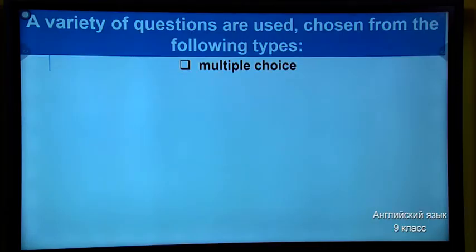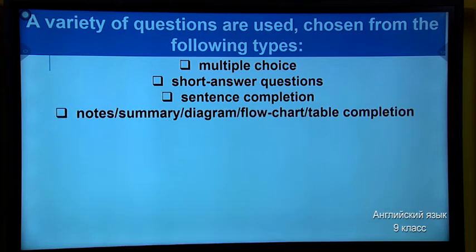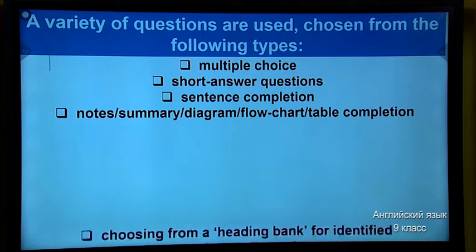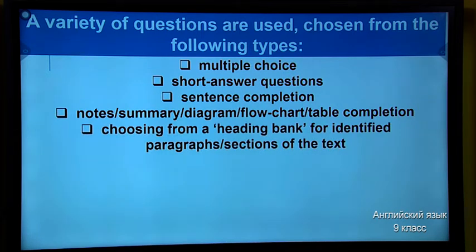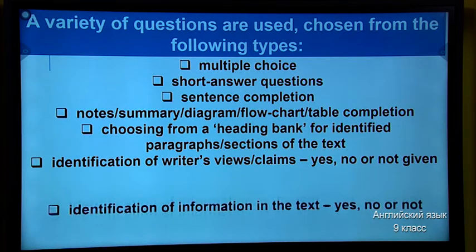Now you may copy out: multiple choice first, second short answer questions, fourth sentence completion, next one notes, summary, diagram, flow chart, table completion, choosing from a heading bank for identified paragraphs or sections of the text, identification of writers' views and claims, yes, no, or not given.